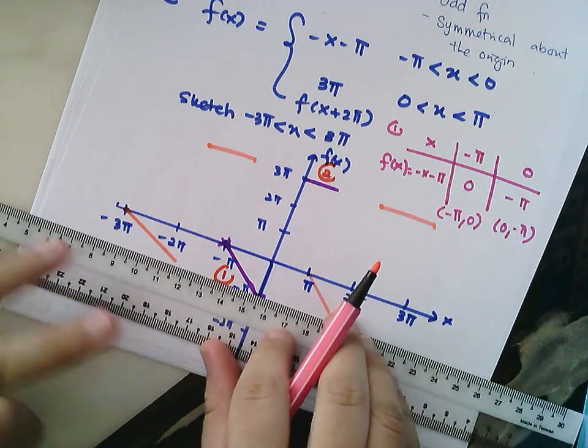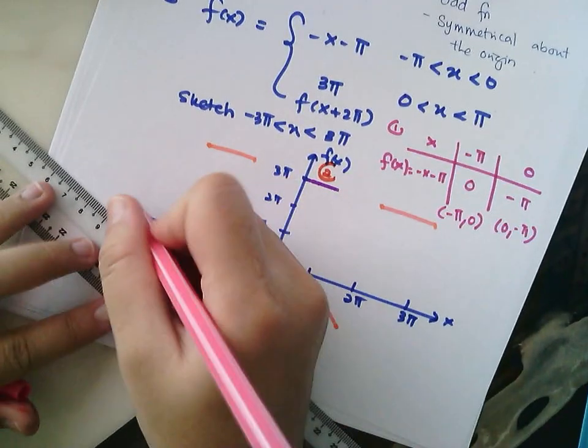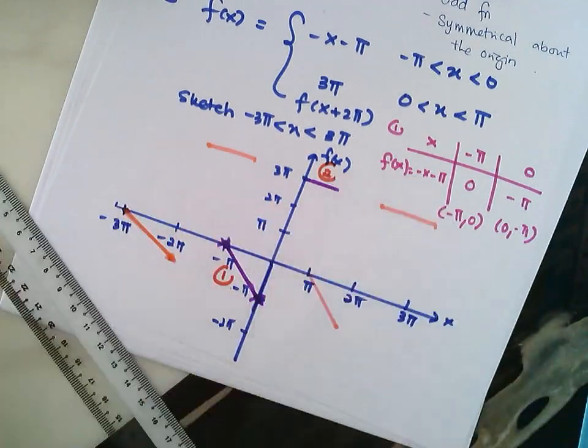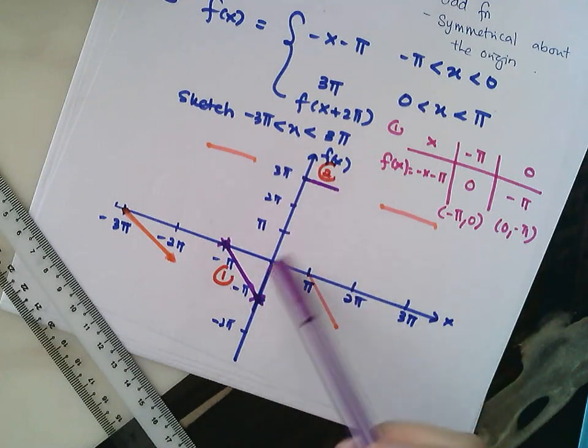This is here. Okay, done. As you can see, there is no gap between the original graph and the graph that repeats after that.